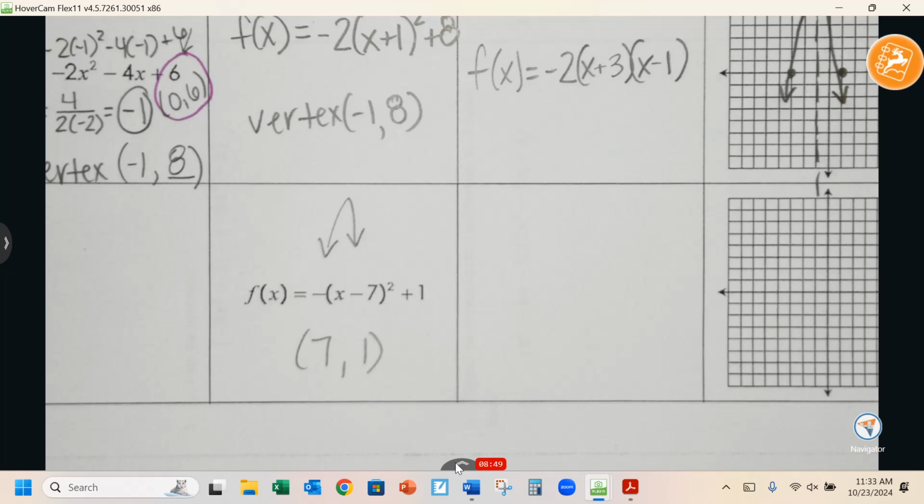So square this and then put the negative on the outside of what you get here and distribute it here.